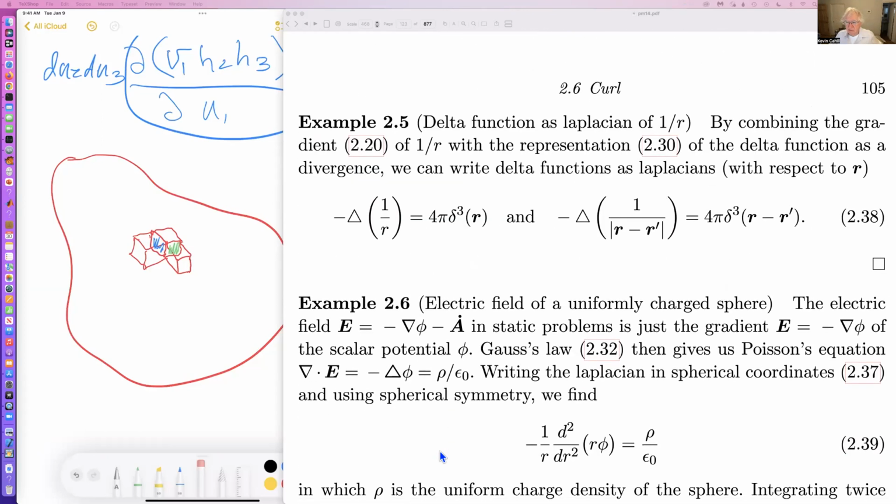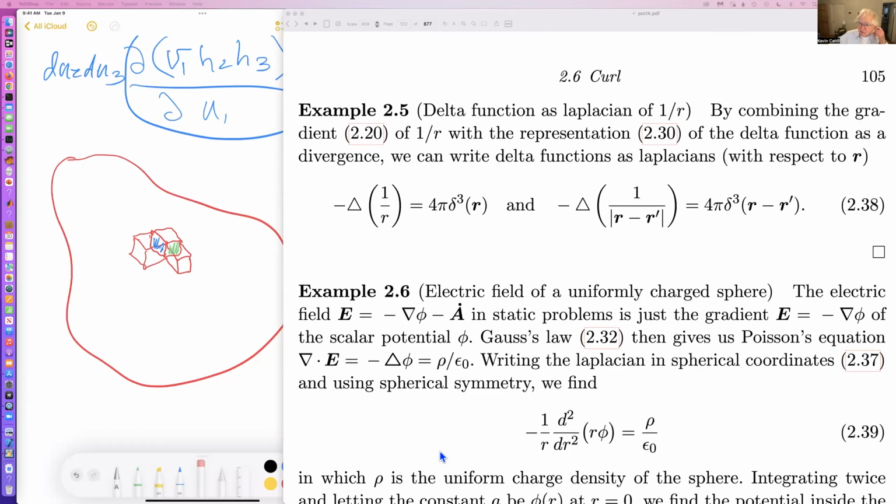Those are two different correct ways of writing the Laplacian there. In these terms, one can rewrite the delta function example as minus Laplacian of 1 over R is 4 pi delta of R, and minus Laplacian of 1 over R minus R prime is 4 pi delta of R minus R prime.